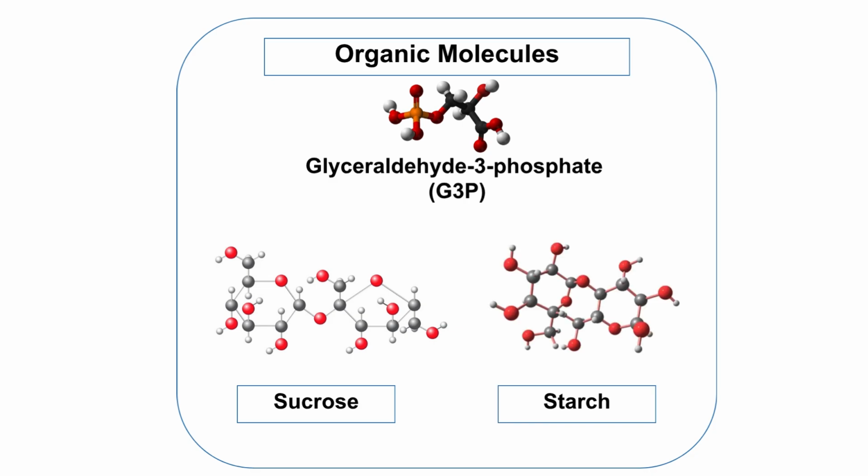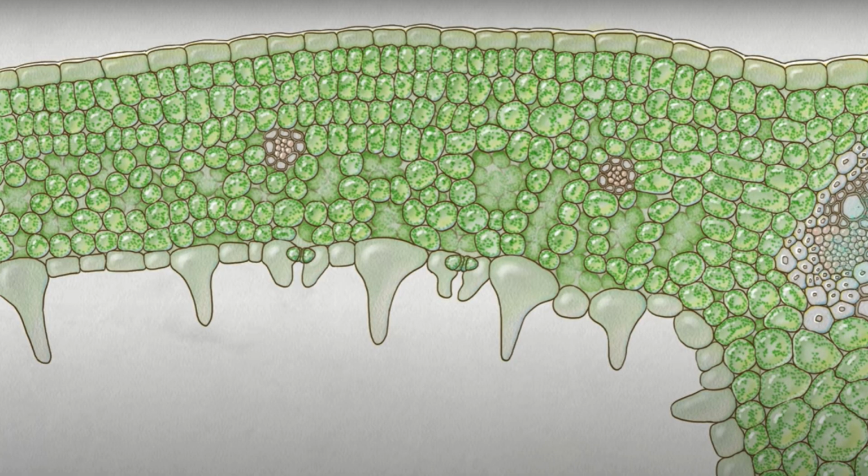Sucrose produced by leaf cells is transported through the vascular bundles to other parts of the plants, like stems and roots. Leaf cells can also sometimes form starch for long-term energy storage.